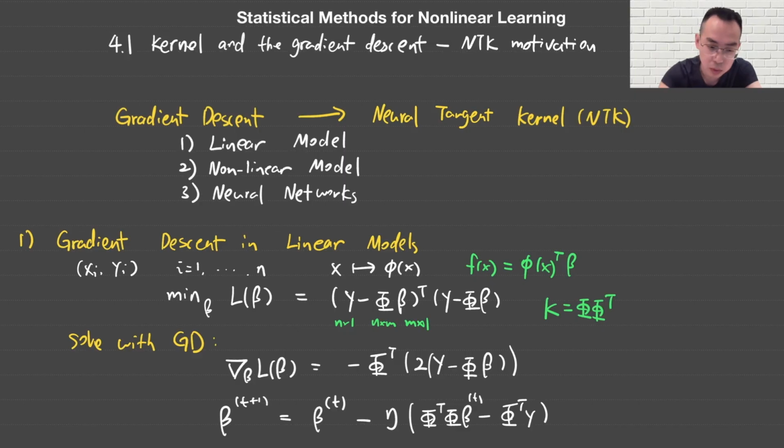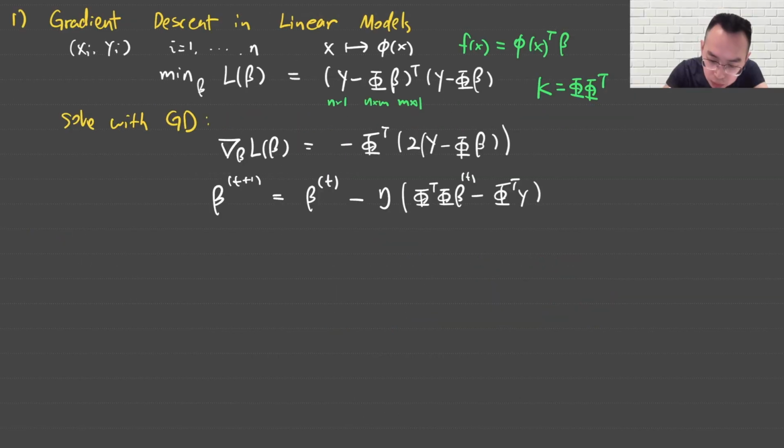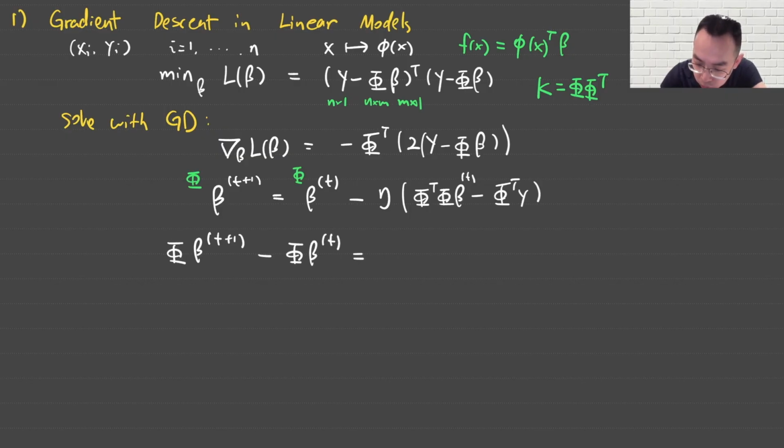So we use phi to multiply both sides, and we have phi times beta t plus 1, moving the beta t to the other side, minus phi times beta t equals eta, removing the negative sign, times phi phi transpose y minus phi phi transpose phi beta t.